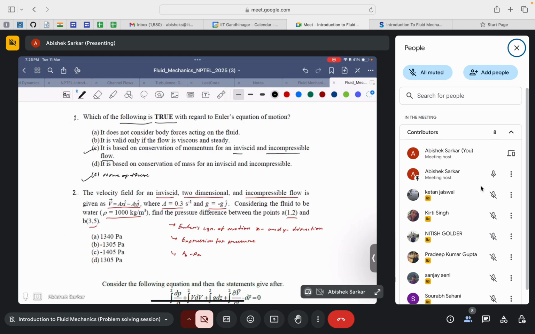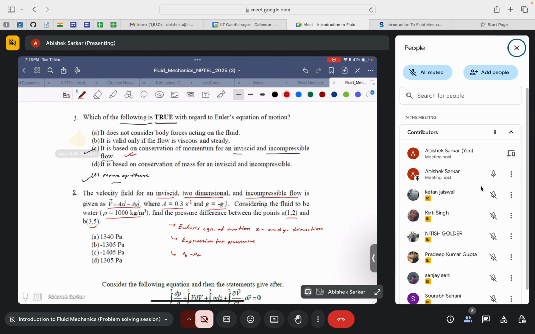But in a general case, Euler's equation of motion is valid for compressible flows as well. But since it is not specifically mentioned among the options that we have in our hand, we cannot go with this. So right now we have to go with option number C. Okay, so is that fine, Saurabh?